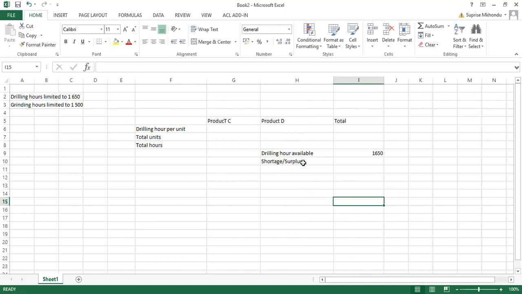You see, these are constraints. Shortage or surplus. That's it. We're going to have the total here and see how much is available, and you're going to have shortage or surplus.